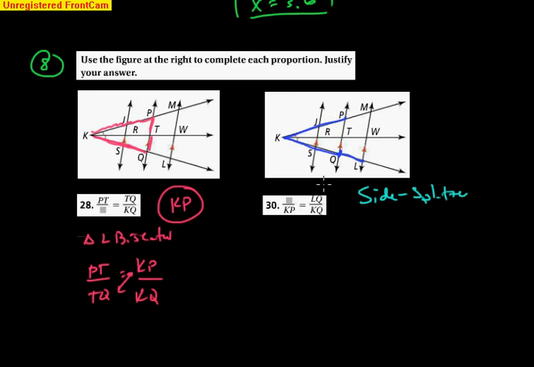So they have KP here. Alright? And then they have LQ and KQ. So they're working down the transversal here. LQ, KQ, so you have to go across to LQ, and it's MP. This is the missing side, MP, because then that would work up the transversal, MP, KP. And there you go. Side splitter idea.